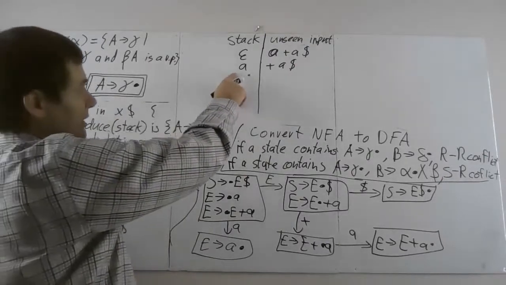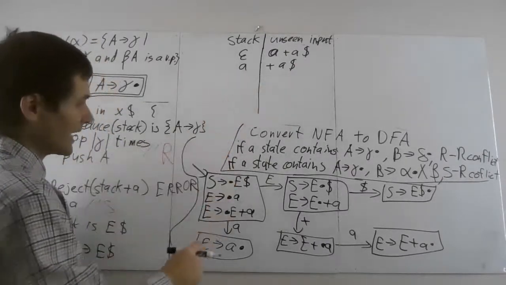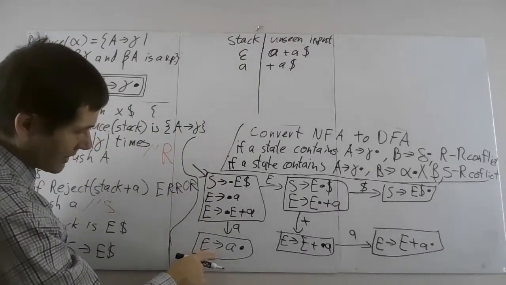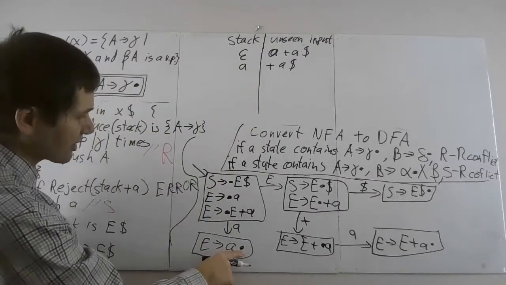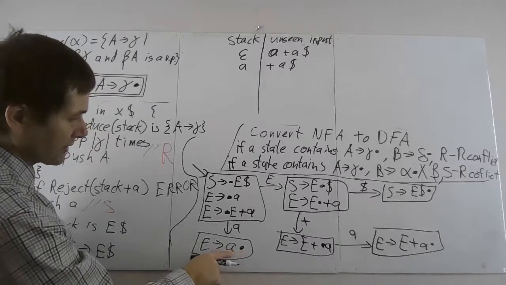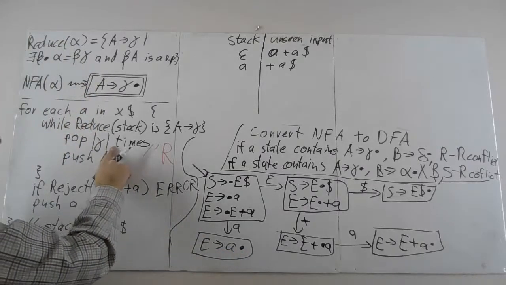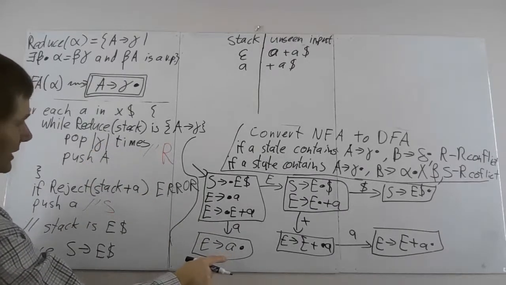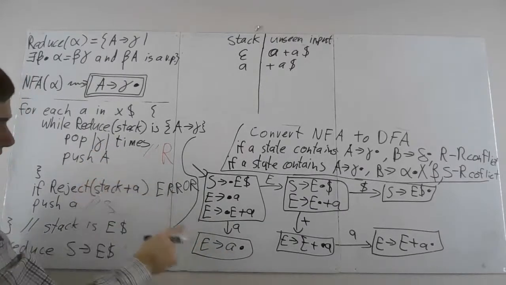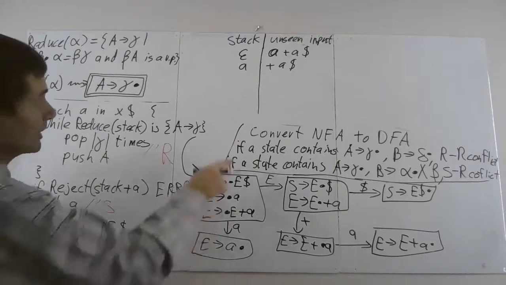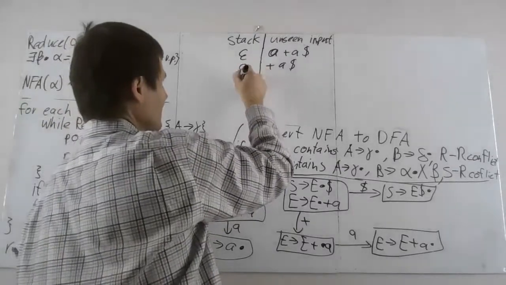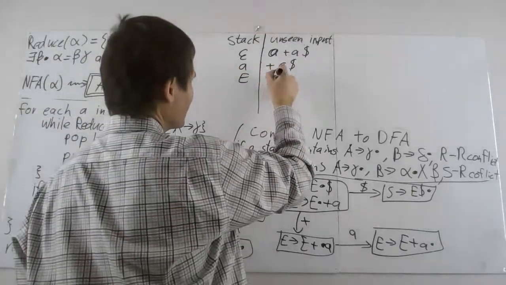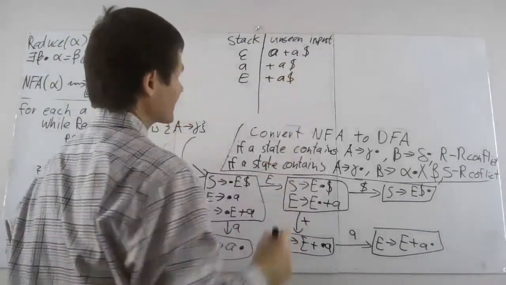And so I do this again, right? I run the DFA on the stack. So now the stack is A, so I'm here, and the dot is at the end, so it says reduce by this rule, and reducing means pop gamma, but gamma is little a here, and push big A, which is big E here. So I'm going to pop the A off the stack and push E in its place, and the rest of the input stays the same.